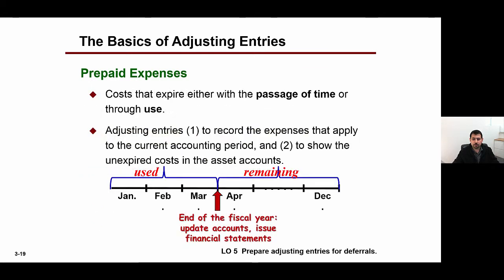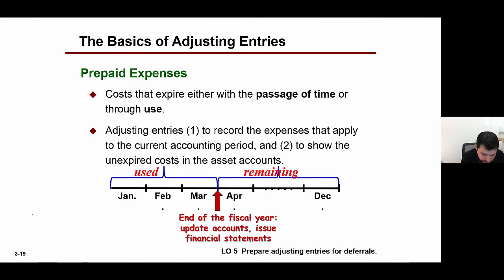Well, let's talk about supplies first. Let's say that we buy an amount of $5,000 worth of supplies. For the original entry, let's say that we bought them with cash.